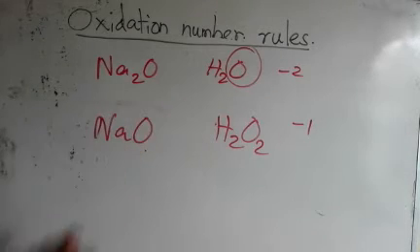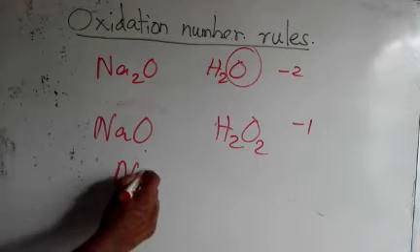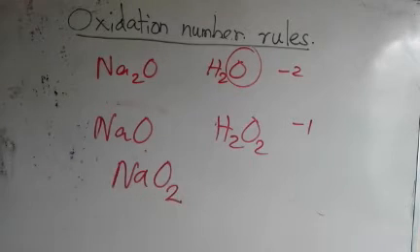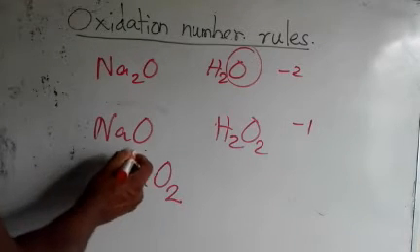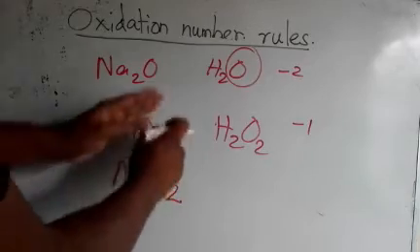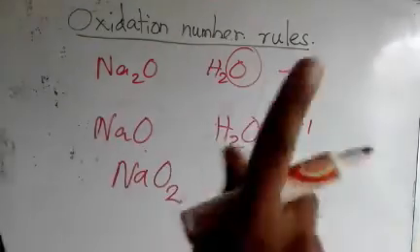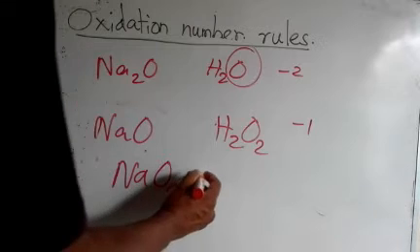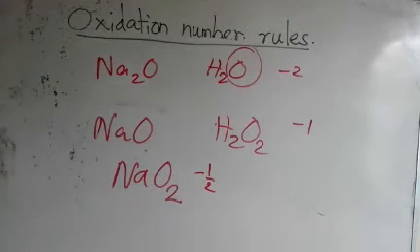So in peroxides, the oxidation number of oxygen is -1. And there are other types of oxides called superoxides. Here +1, and with two oxygen atoms, that means for one oxygen atom the oxidation state is -1/2. So -1/2 is for superoxides.